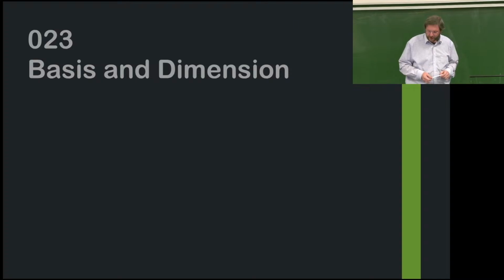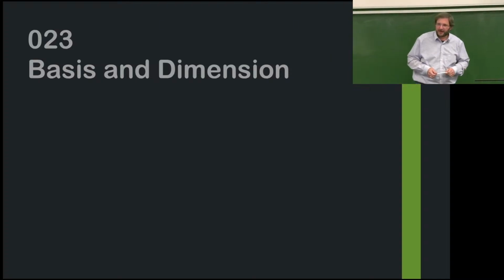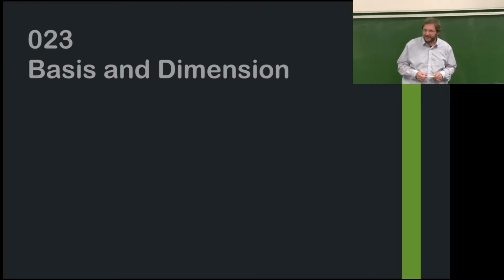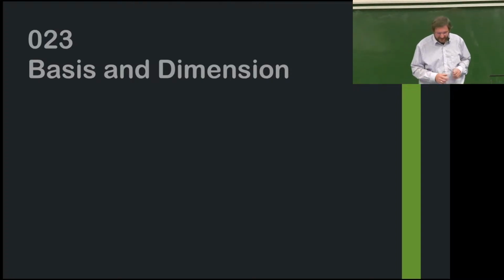So maybe let's take a quick look at some of the questions before we get to the last slides of this week. First question I can see here is, does the solution space of non-homogeneous systems of linear equations form a linear subspace as well? And the answer is usually not.